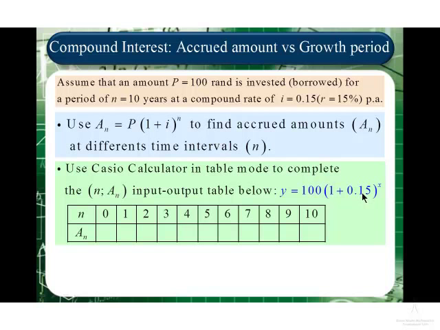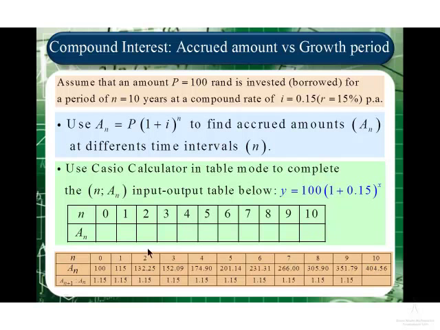But at this point, I suggest that you pause this video and complete this table or a similar table for a number of input values, and then come back and see if you can identify a trend. Here we have the completed table. n ranges from 0 to 10, and the output values, A sub n, the accrued amounts after the nth interest period, in this case range from 100 to 404.56.